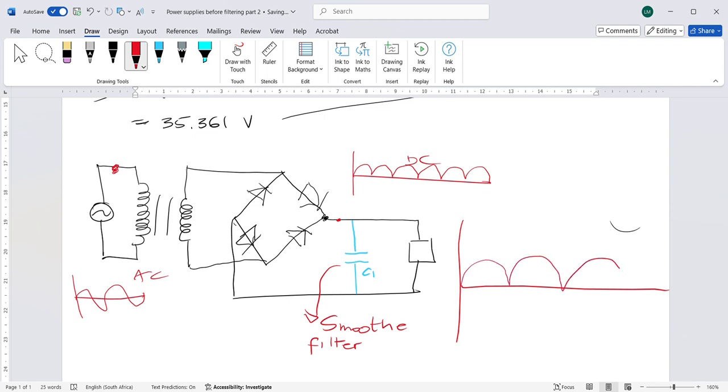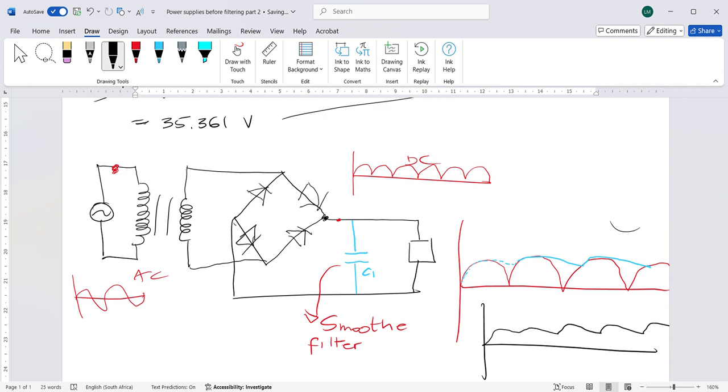This is DC. When you filter, you start having waveforms like this. Charging, charging, charging, discharge, discharge, discharge. So you end up having a waveform like this.